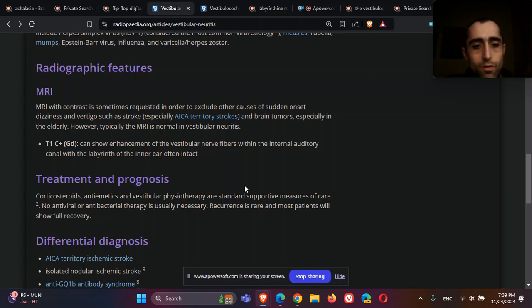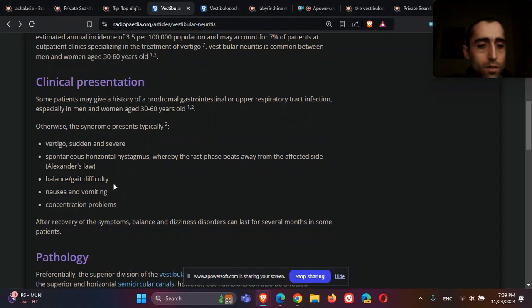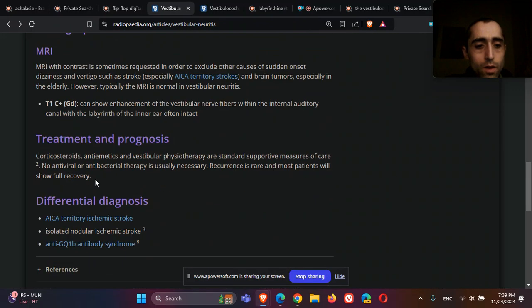So the treatment for vestibular neuritis is usually corticosteroids, antiemetics, vestibular physiotherapy, or maybe a vestibular suppressant for a short period to help the patient, like betahistine, or first generation antihistamines.